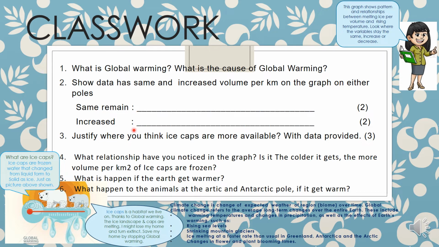Third one is justify where you think the ice caps are more available with the data provided. Is it the Antarctic or Arctic pole? What relationship have you noticed in the graph? Is it that when it gets more cold, the more volume of ice caps are frozen?